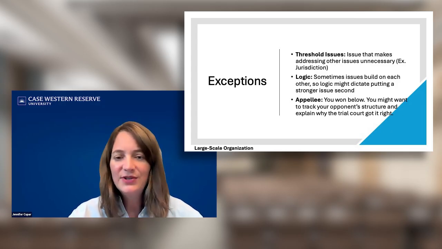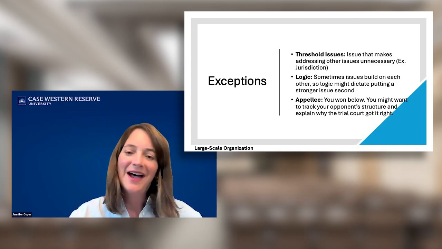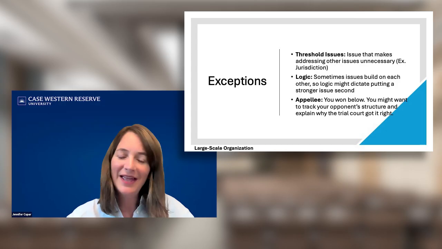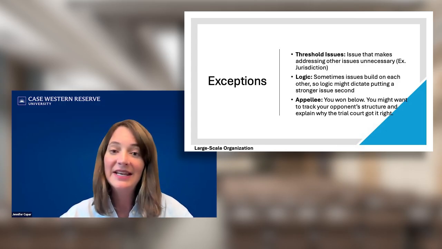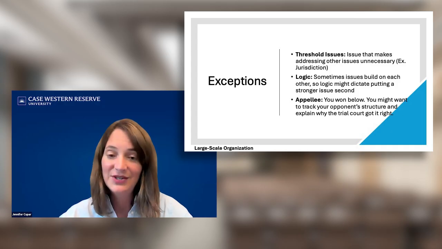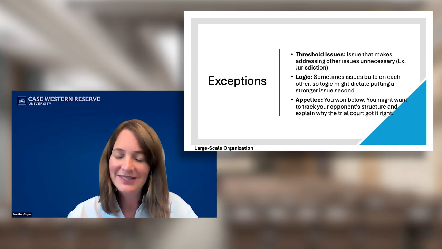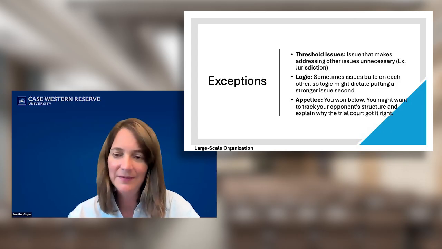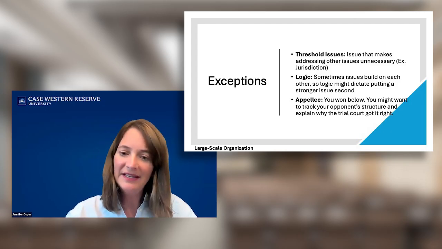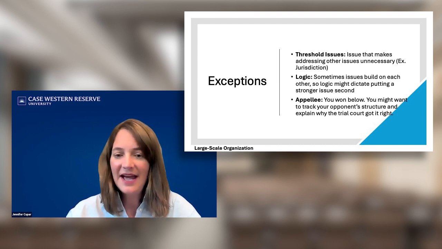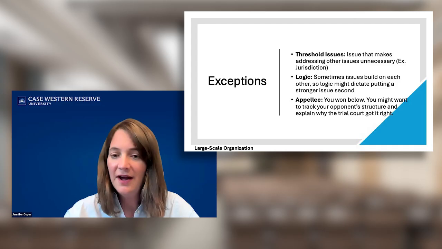Often the court needs to understand the underlying substantive issue before they look at whether the trial court instructed the jury correctly or incorrectly on that issue. So you may put the substantive argument before the jury instruction argument, even if you think you've got a much stronger jury instruction argument.